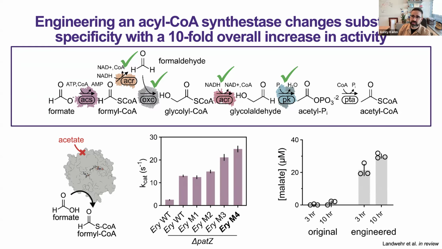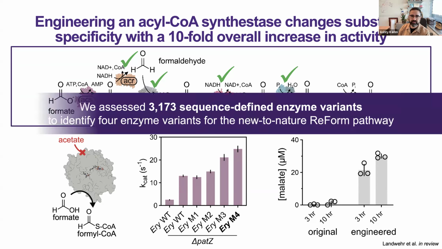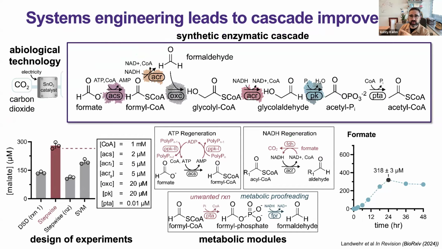So one of the cool things you can do in cell-free systems is you can start to iteratively optimize metabolic pathways and add metabolic modules that might be helpful. So what I'm showing you here is the enzymatic cascade, and we can use design of experiments and simple linear regression machine learning to optimize our substrates, cofactors, enzymes to get better pathway performance.